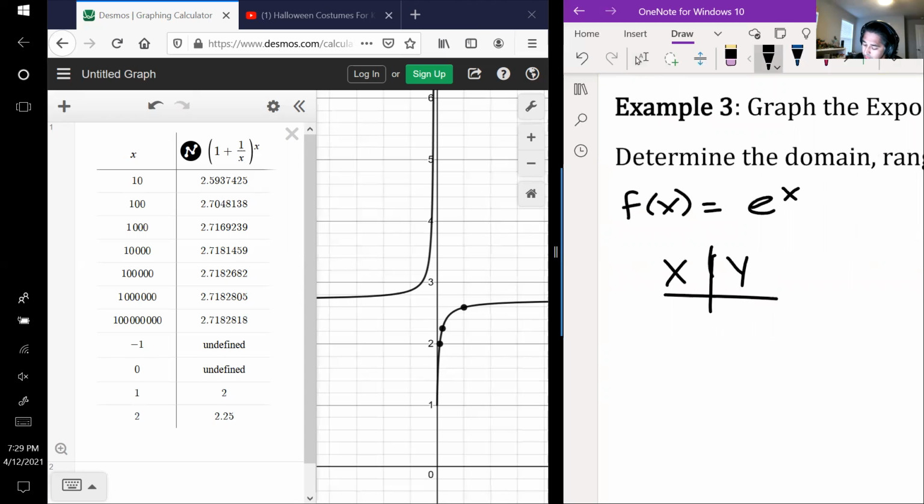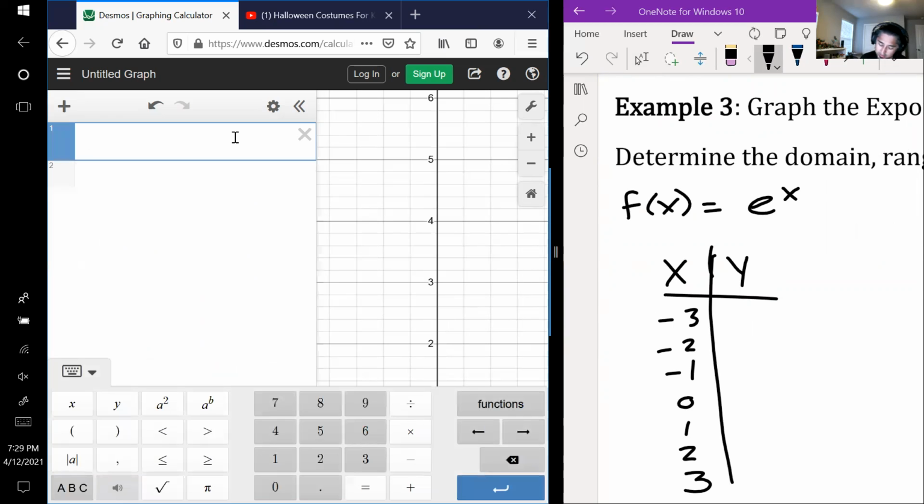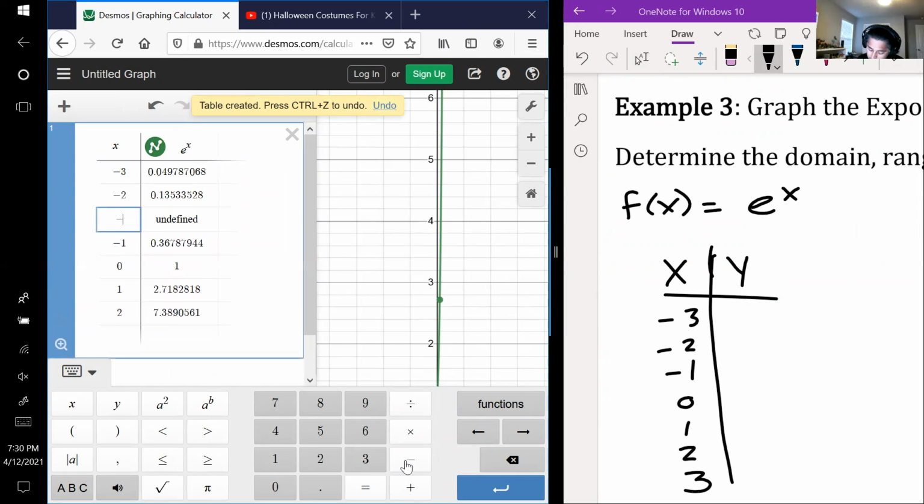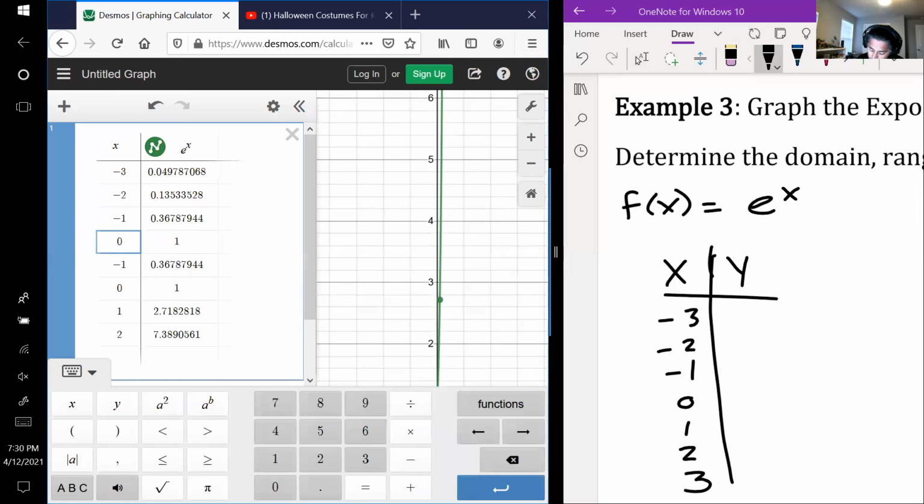The most common numbers to pick when graphing: -3, -2, -1, 0, 1, 2, 3. And now I'm going to put in this base. It's going to be e raised to the x.